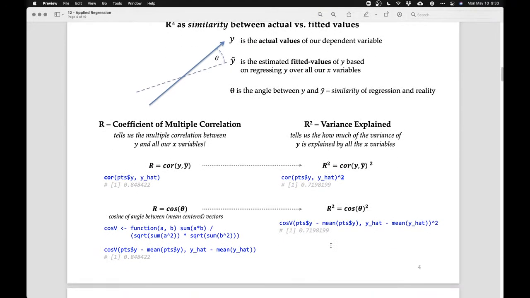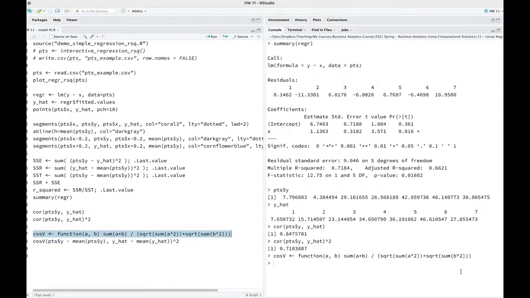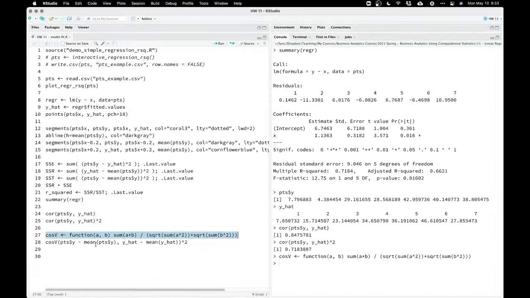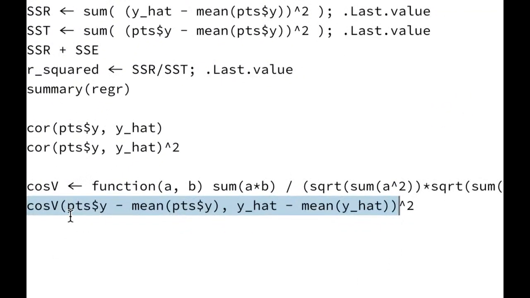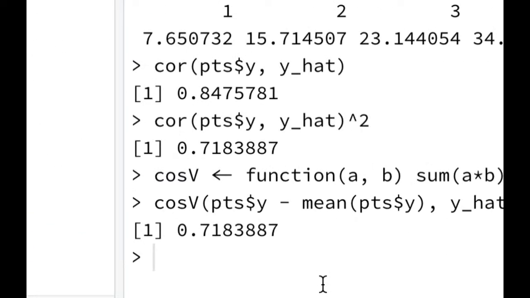Oh, and by the way, I can do this with cosine as well, because I just need my cosine formula, which I wrote by hand last time, because R does not come with a cosine function for two vectors. I can take the mean-centered vector of Y and the mean-centered vector of Y hat, take their cosine and square it, and that'll also give me the same thing as correlation squared.